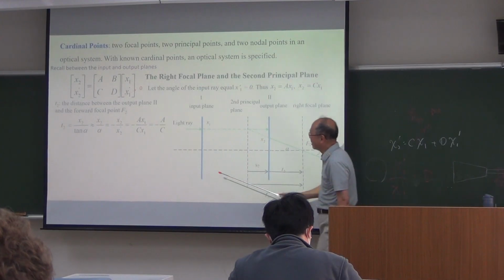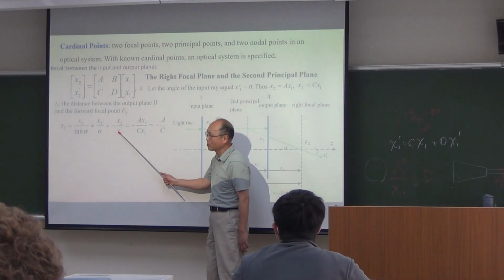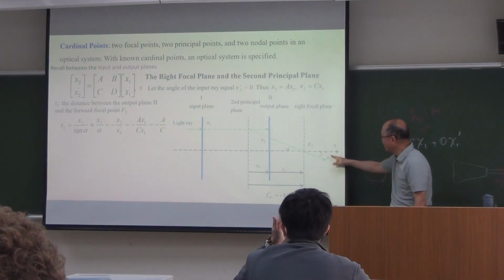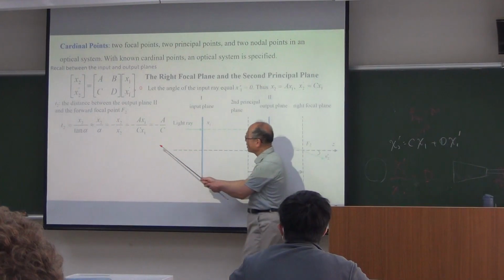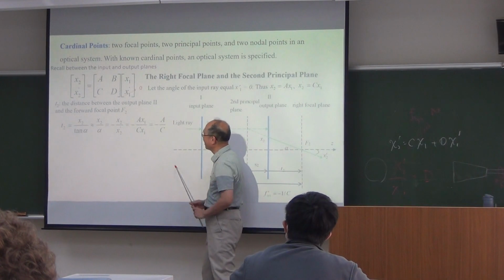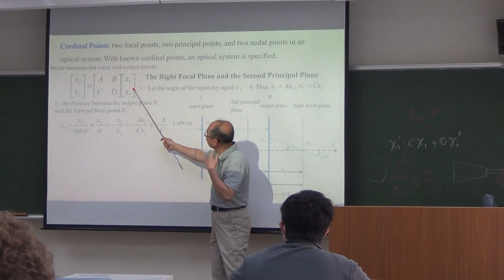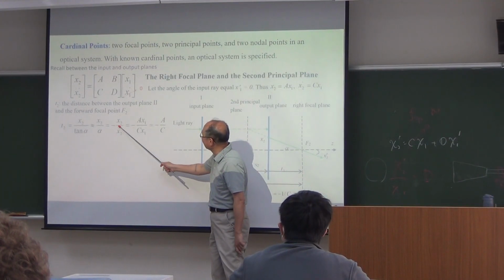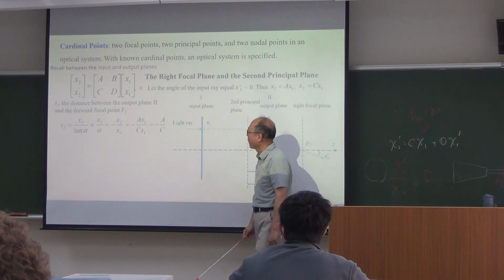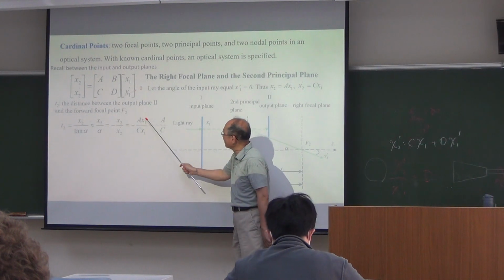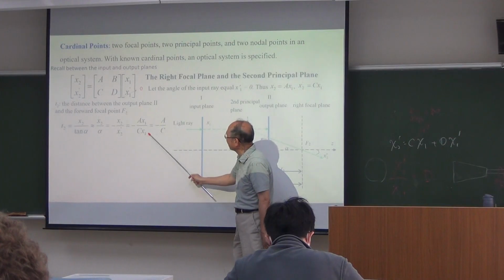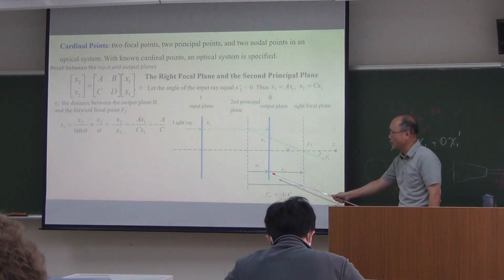So you continue to write it. This is x2 prime. But remember that this is a beam going down, so this angle is negative, and you put the minus sign here. Okay, and once you take this out, you're going to see that this is equal to A over C x1. And x2 is equal to A x1, and then this is going to be equal to this, so you end up with this result describing this distance.